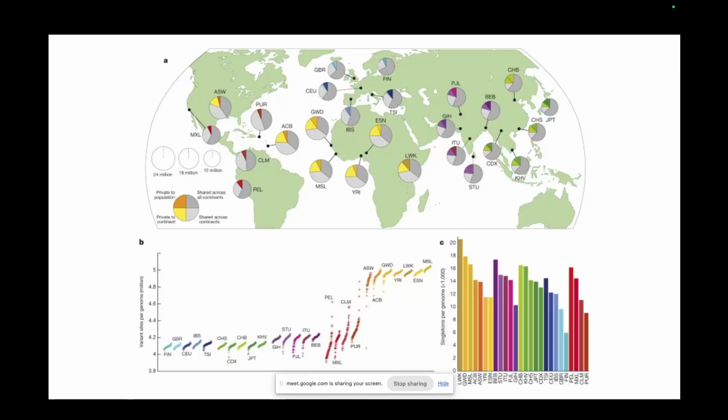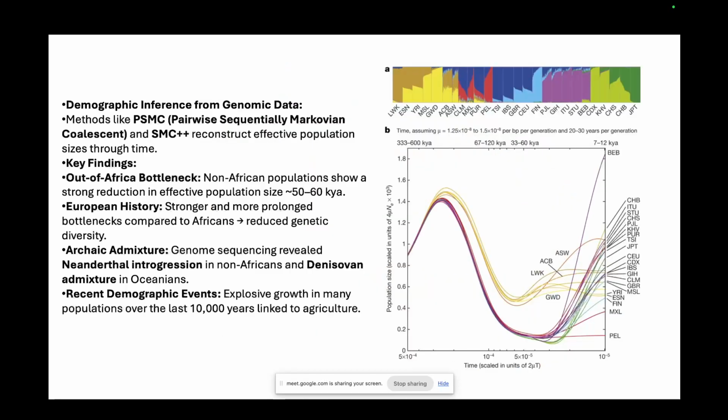And if I'm not wrong, this is the number of singletons. Singletons are variants that are found only once in the whole population cohort. That also is very different for different populations. So although we are very similar, all of us together, we have our differences in terms of genetic architecture.